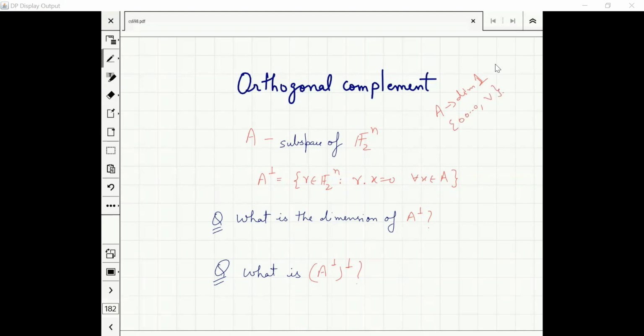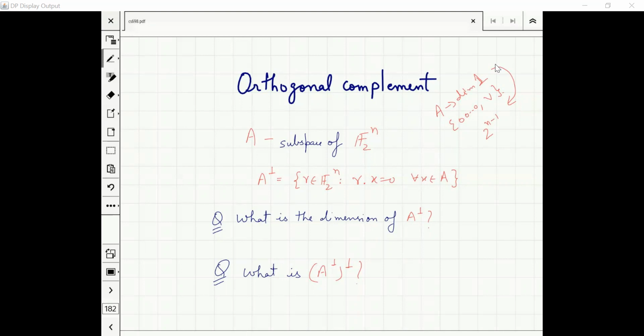What was the number of elements which were perpendicular to V? 2 to the power n minus 1. Right? How many vectors out of these 2 to the power n are perpendicular to everything in A? Sorry, 2 to the power n minus 1. All 2 to the power n minus 1, right?